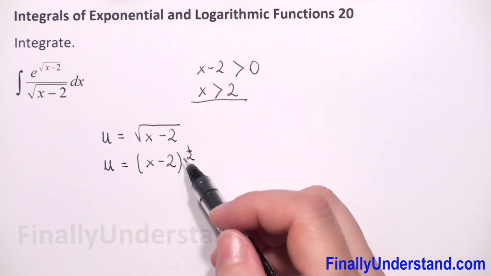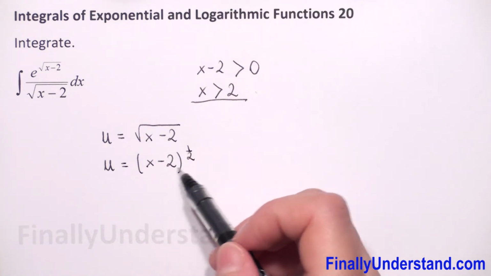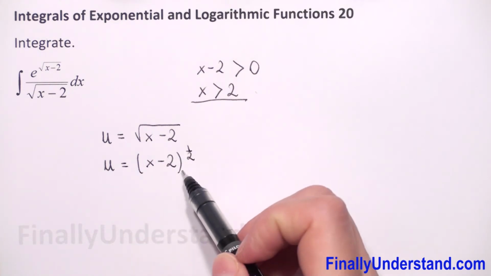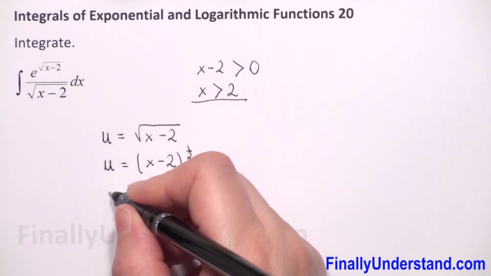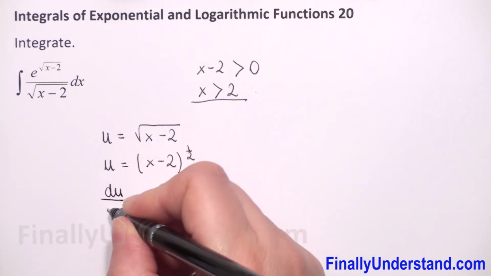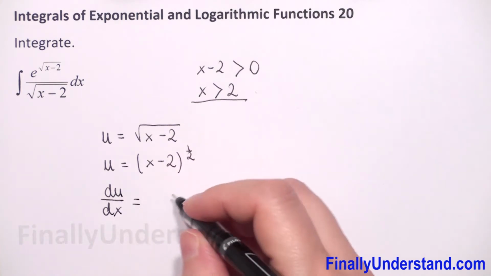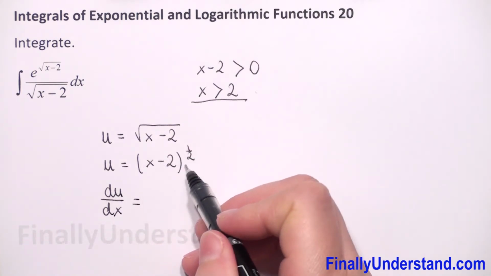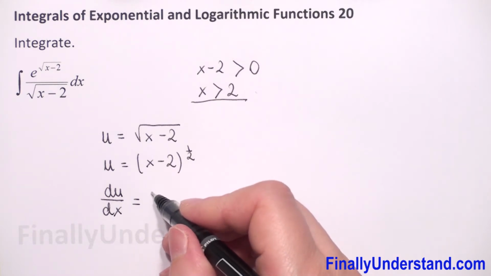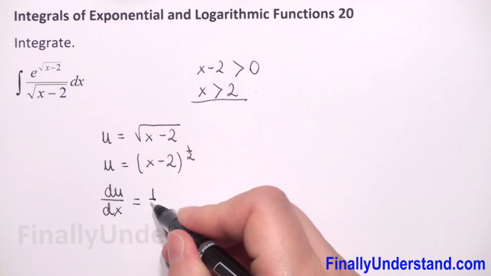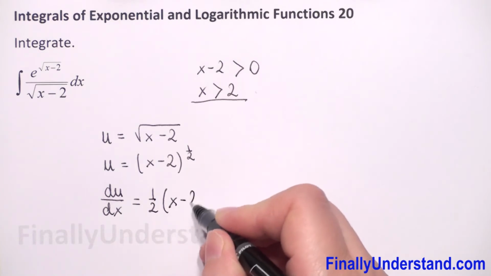Why did I change this? Because it's very easy to find the derivative of both sides of our equation with respect to x. So we will have du/dx is equal to the derivative of the power function on the right side, so we copy the power 1/2 times (x minus 2).